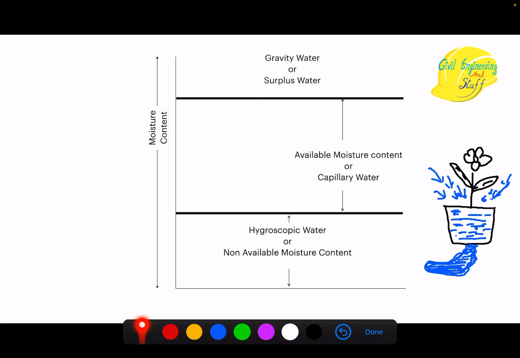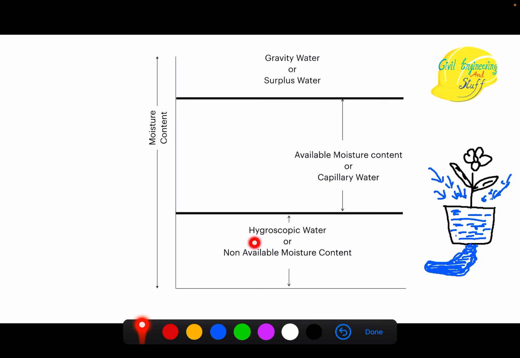And the third is the hygroscopic water, which is also called the non-available moisture content, and as the name suggests, it is the very small amount of moisture content available in the soil that is of no use, that contributes nothing towards the growth of the plant.